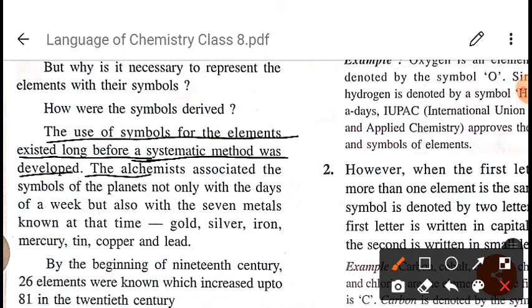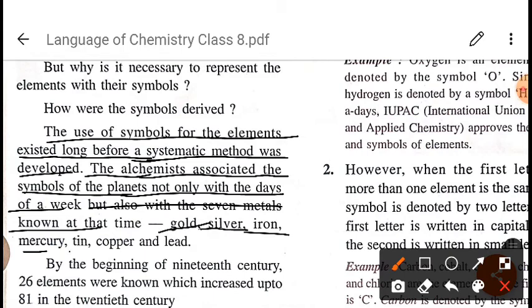When we talk about the alchemists, they used to associate the symbols of the planets not only with the days of the week, but also with the seven metals known at that time: gold, silver, iron, mercury, tin, copper and lead.